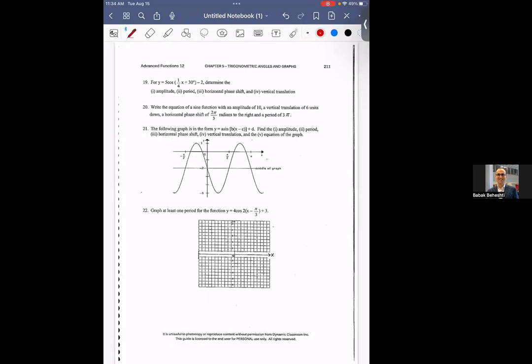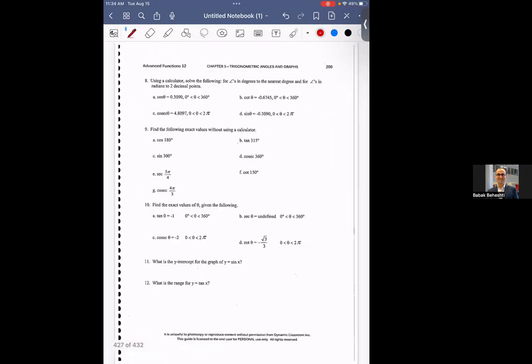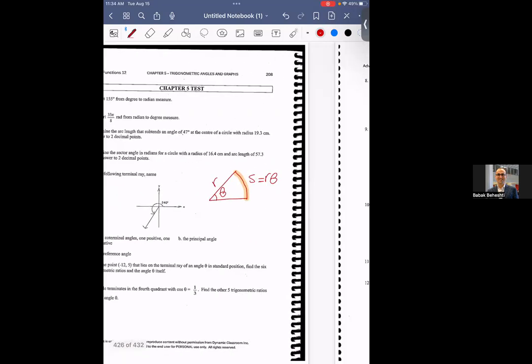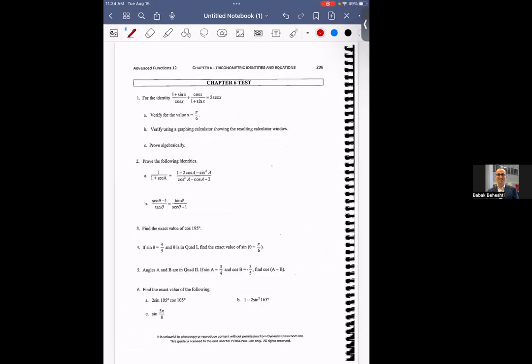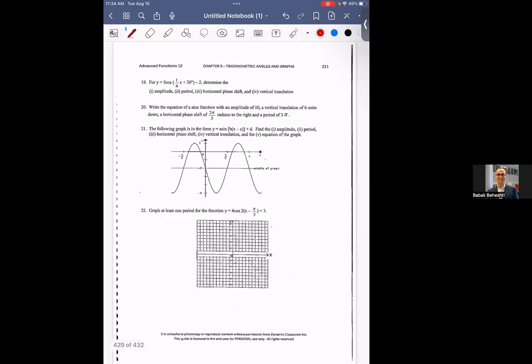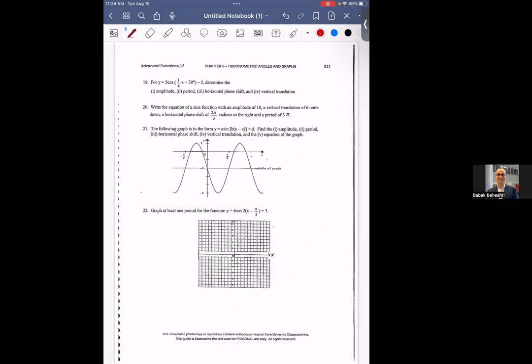So it's until question 22, from 1 to 22. I mean, you don't need to do this test. You can look at the questions, they are good questions, but you don't have to submit them as your assignment. Okay? So only from question 1 to 22.